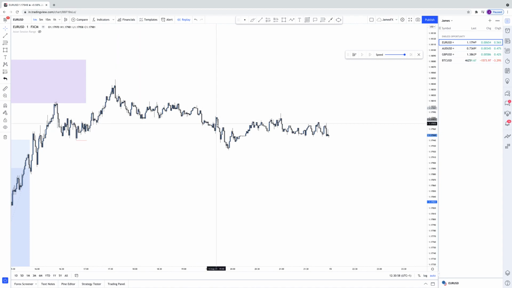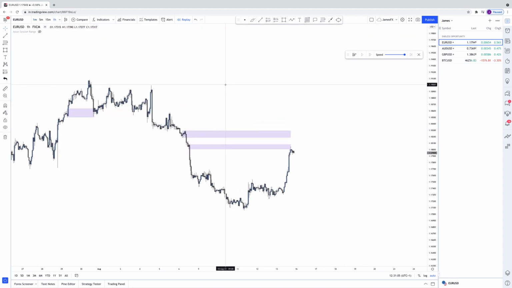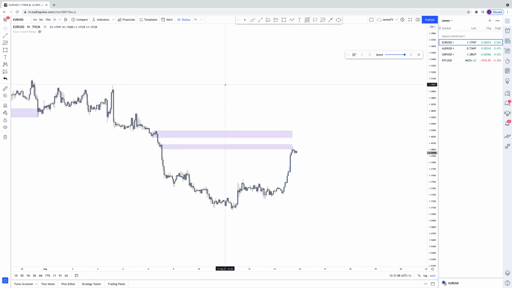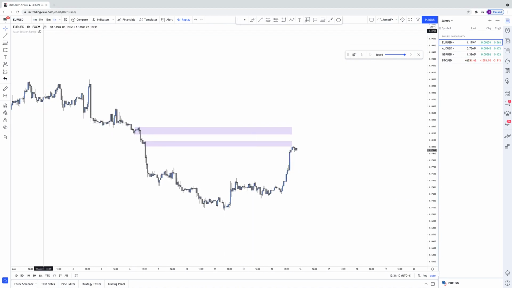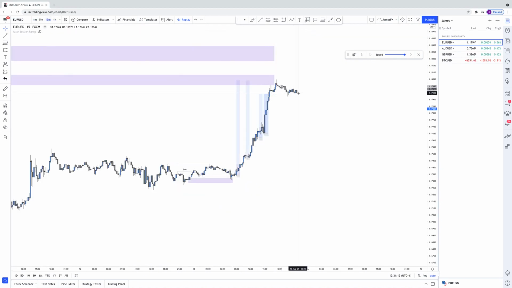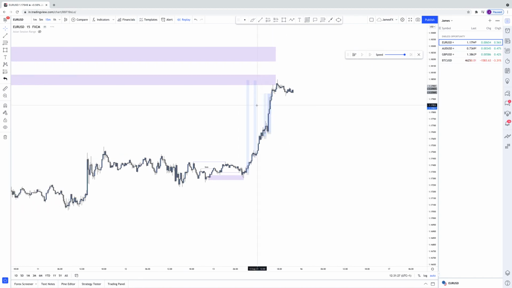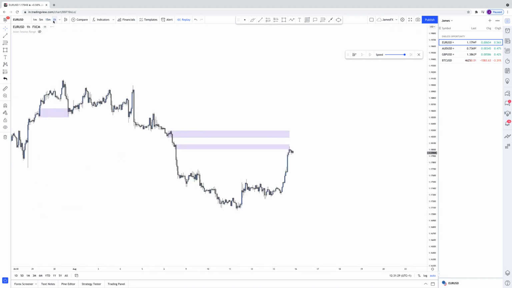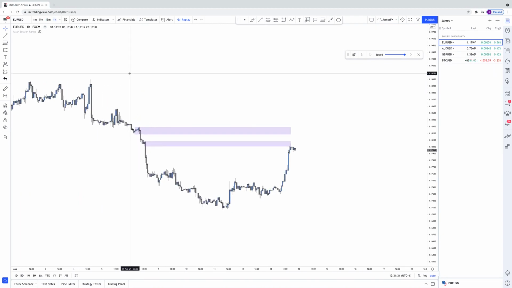There are entries in here, but this is literally 7-8 p.m. and I'm more inclined to be waiting for market open, and what we may see is another push back up to take that high there, and then be getting entries short from there. But it's not impossible for price to reach this area. We could still see that, but it's about reading price and reacting to what it's showing.